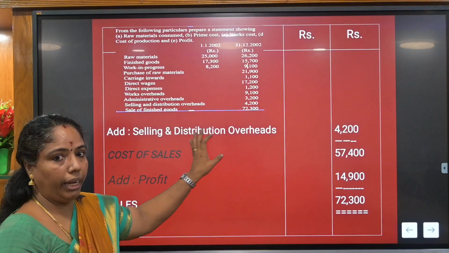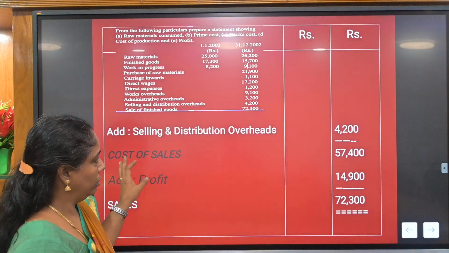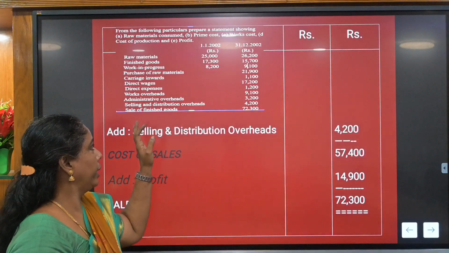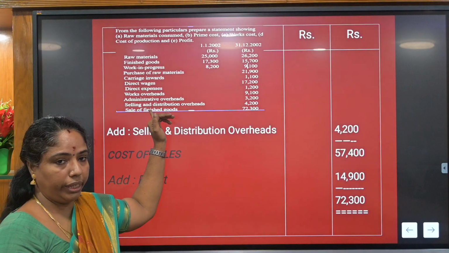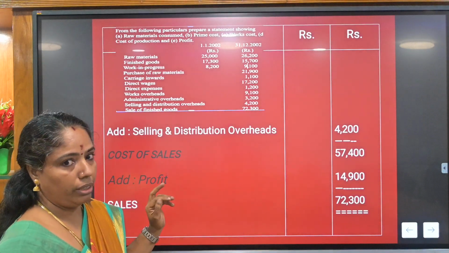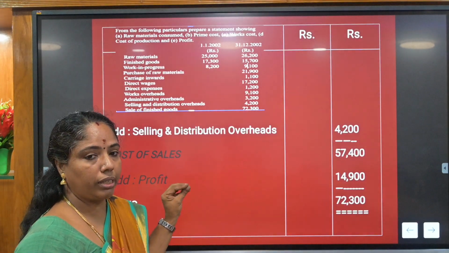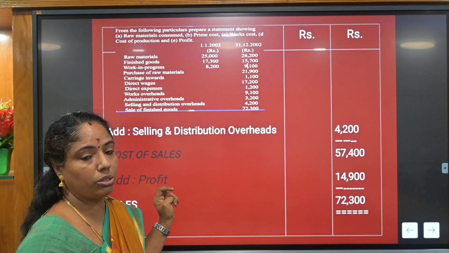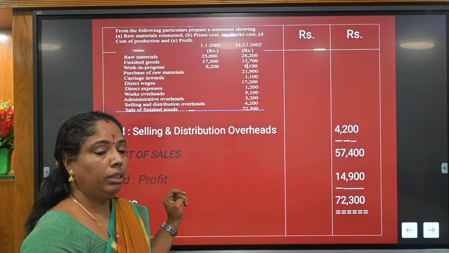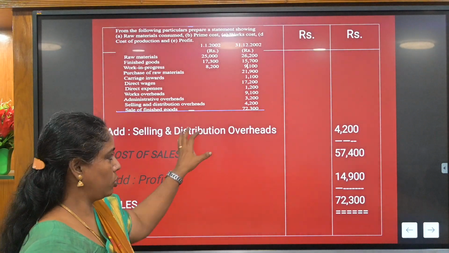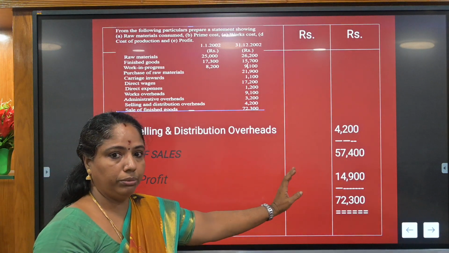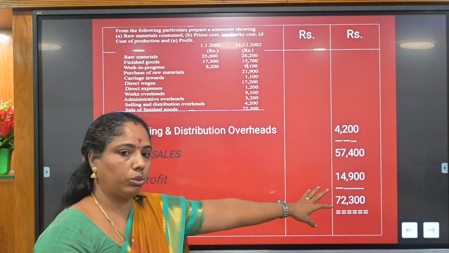Add selling and distribution overhead. Same thing, there is no other information about selling and distribution; they have directly given the selling and distribution overheads. If they give any travel expenses, advertisement expenses, selling expenses, distribution expenses, or delivery van expenses, those should be calculated under this heading in the inner column, and the total transferred to the outer column.